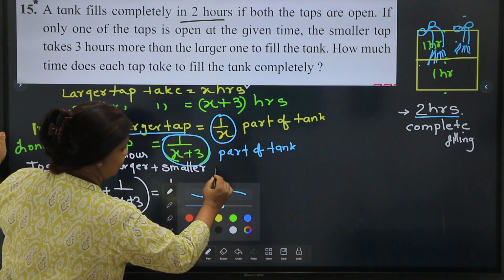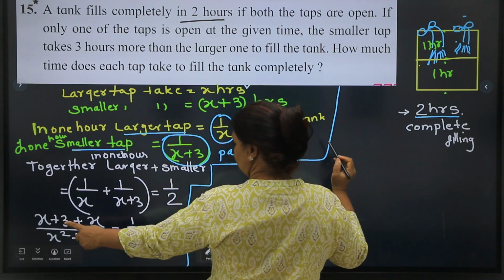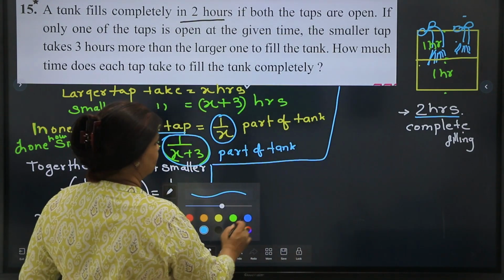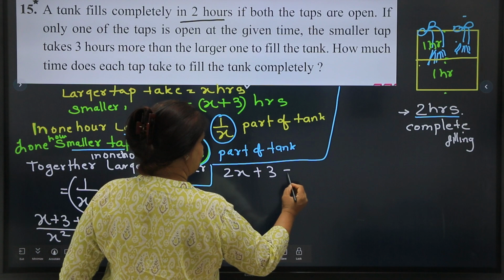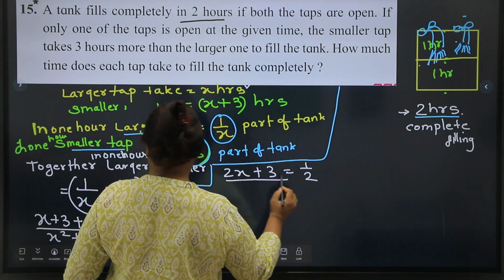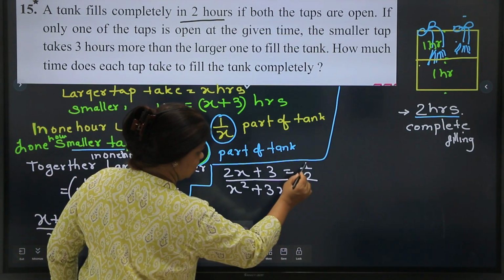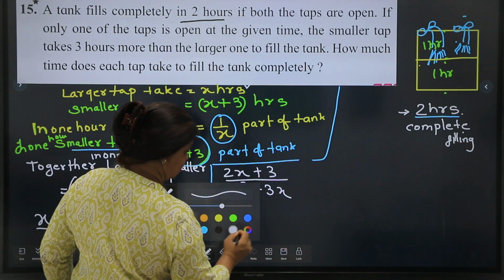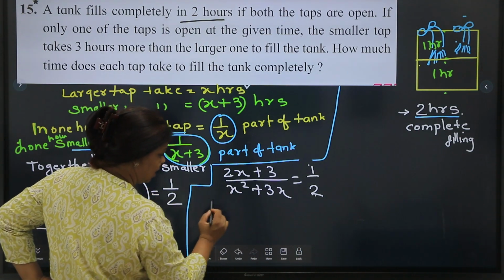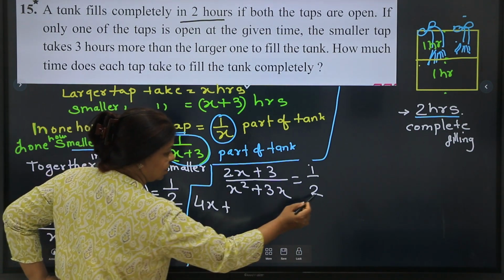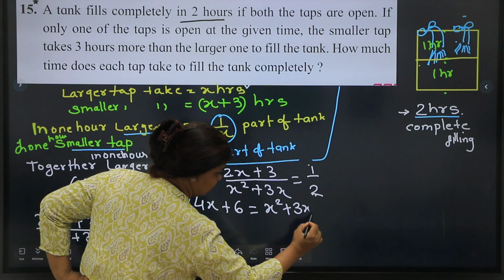What we will get? 2x plus 3 is equal to 1 upon 2 upon x square plus 3x. Now 2 will multiply here. 2 2s are 4x plus 2 3s are 6 is equal to x square plus 3x.